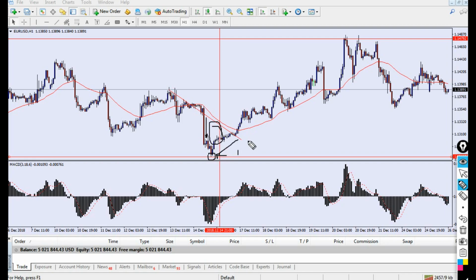So this is your scalping technique, filling the gaps. That is your trade, in simple words.